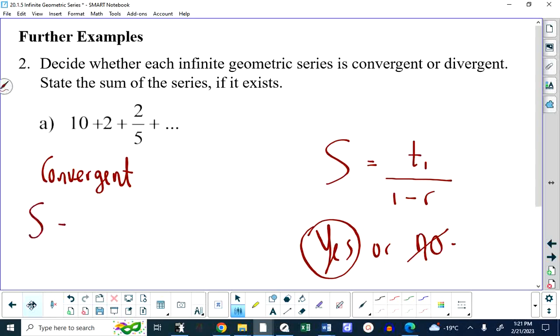So the sum of the infinite number of terms will be 10 over 1 minus whatever the common ratio is. So there's a little bit of work here. T2 over T1 would be the common ratio, so that's 2 over 10. How many of you can just look at that and say it's 0.2?